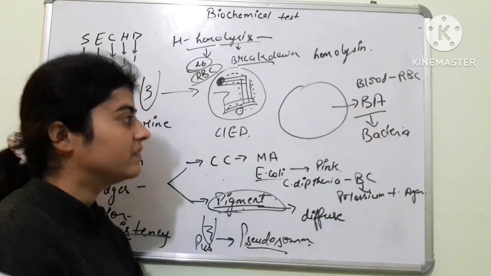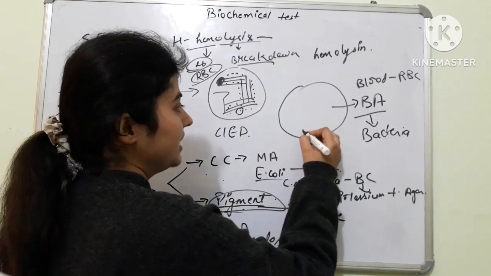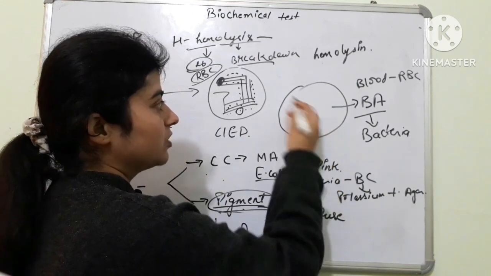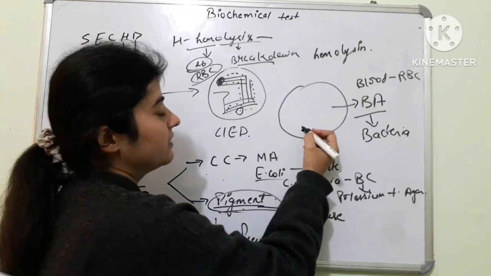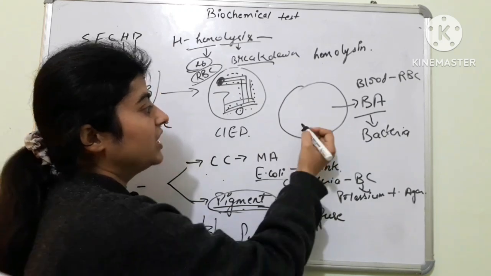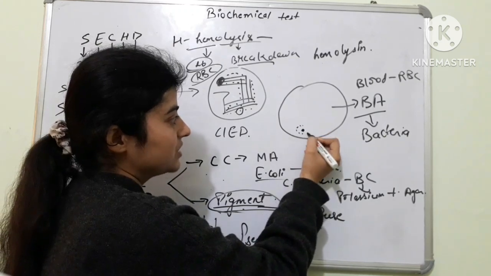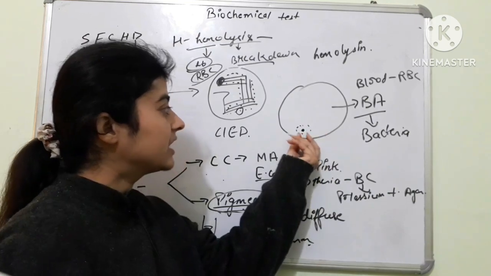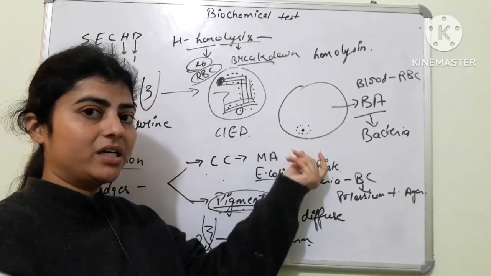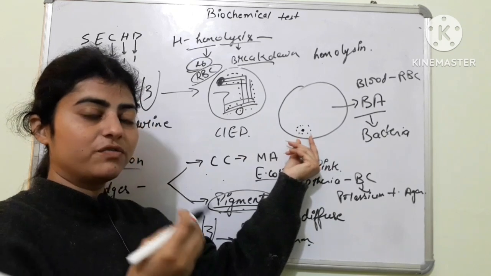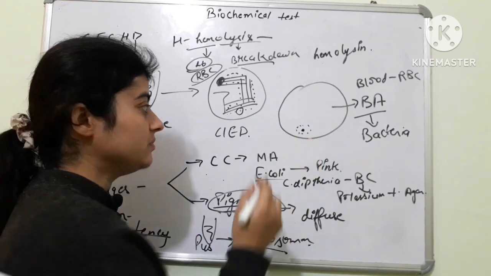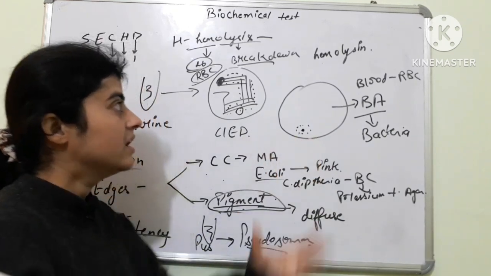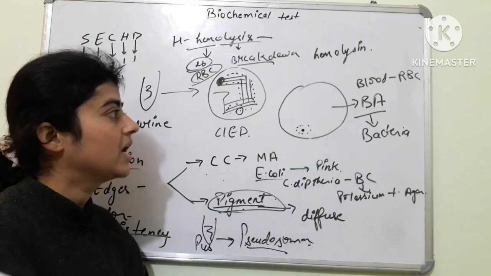For example, here is your colony on blood agar. The bacteria would lyse the RBCs, so here you would see a clear area, like a white surface from behind.